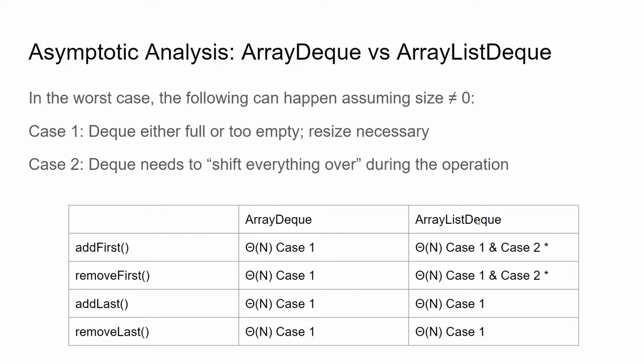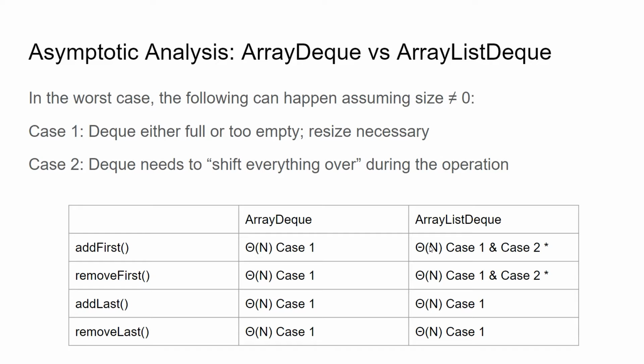For ArrayListDeque's methods, although it's also O of n for the add first and remove first methods, they actually work a little bit differently, because in the worst case, you have to deal with both case 1 and case 2. Because of how ArrayList adds an element, when you add an element to the first index, you're really making a new array by shifting everything over, or shifting everything to its previous spot in the case of removing an element from the first spot.